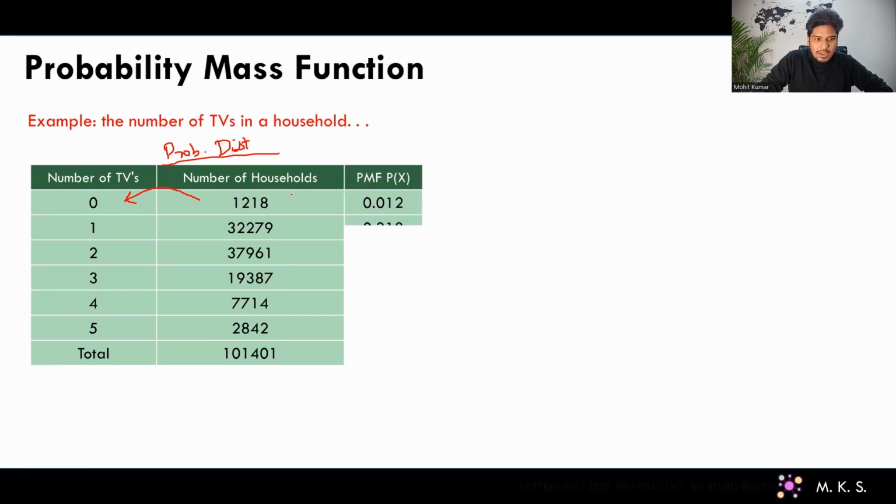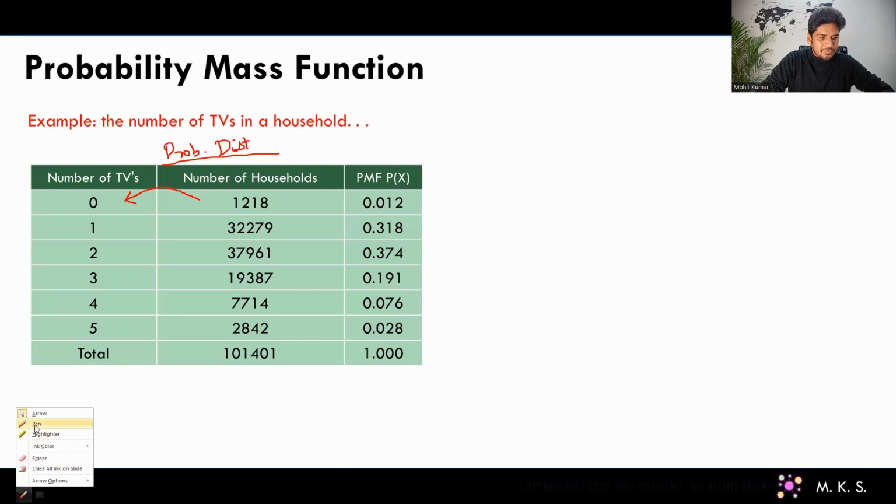When we calculate the probability corresponding to every value of the random variable, that probability is what we call the probability mass function, guys.